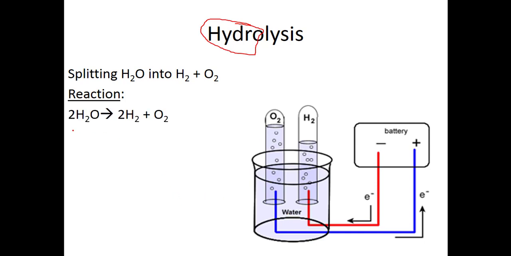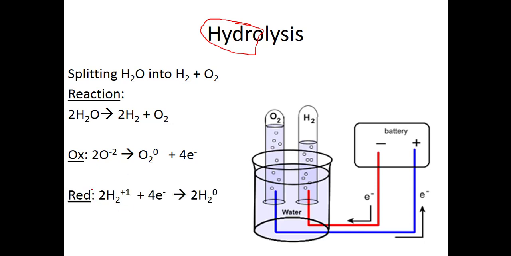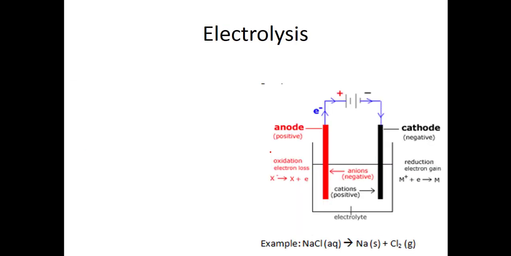So the reaction: H2O is decomposed into H2 and O2. In our oxidation reaction, you can see that the oxygen is going from a -2 to a neutral charge. And in our reduction, you can see our H going from a +1 to a neutral charge. So we still have oxidation and reduction, but by the force of the battery, now you're producing two different gases.